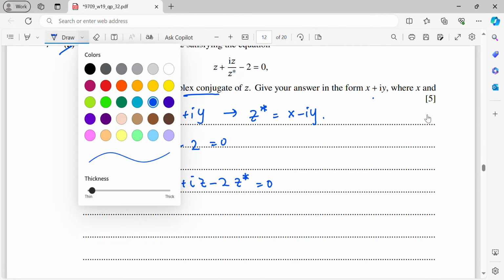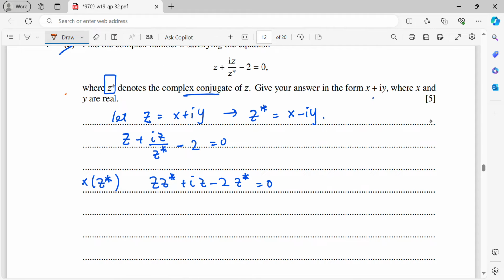For your information, from here, complex number times conjugate is basically x plus iy times x minus iy. So we have a formula, a minus b times a plus b, that is a squared minus b squared. So now when you compare, my a is x. My b is basically iy.